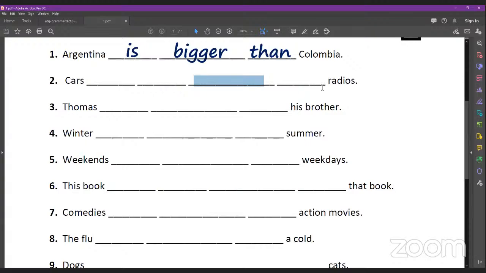Exactly, that's it. But the structure was correct. The structure was fine, okay? No problem. Okay, thank you, Miss Estefania Quinto.